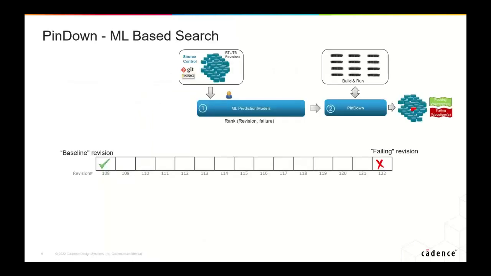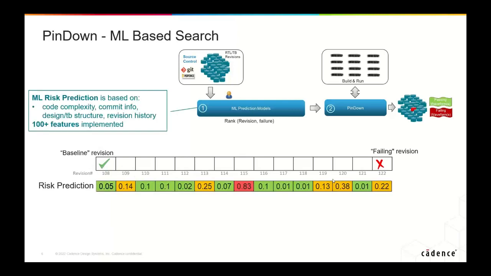Okay, so now an example. What do we use this for? In the scenario where you have a failing revision now, and you had a passing revision before, Pindown will start with doing this risk classification. This risk classification is very quick. It reads the metrics from each commit and creates this ranking.